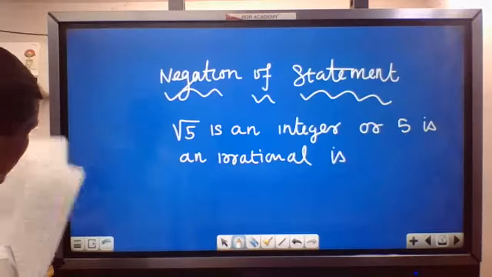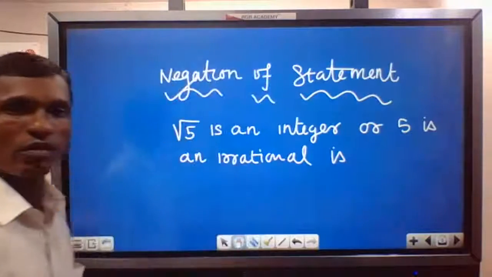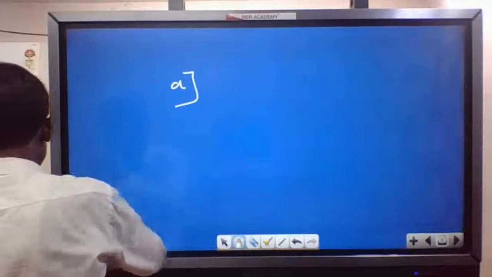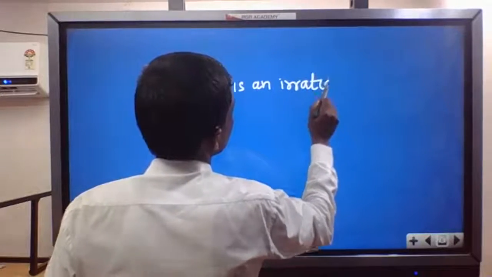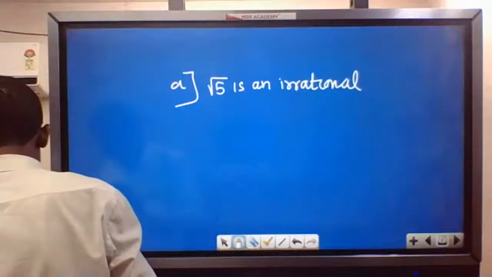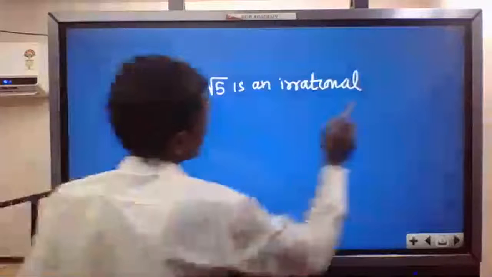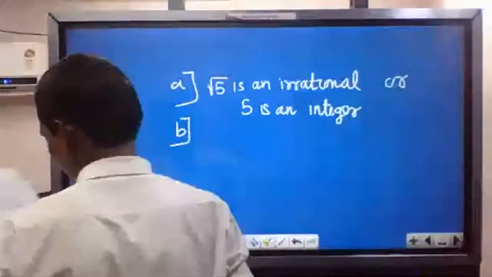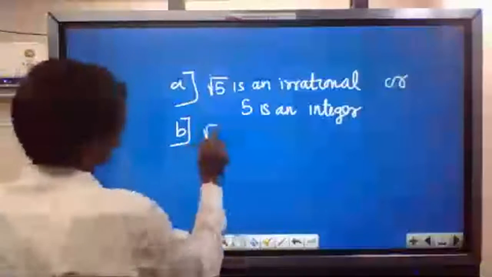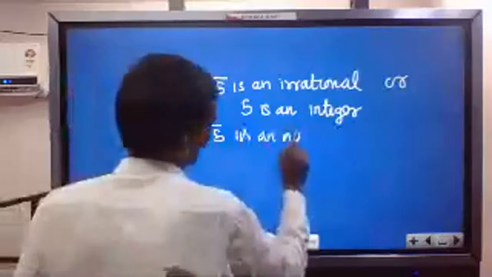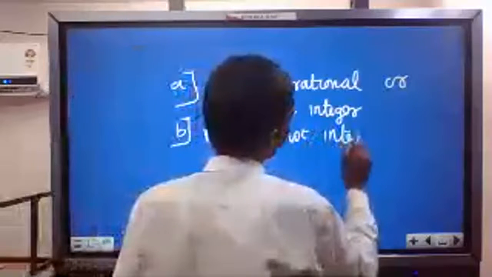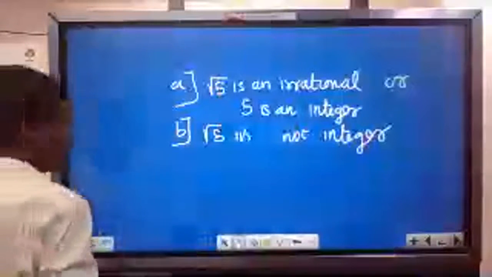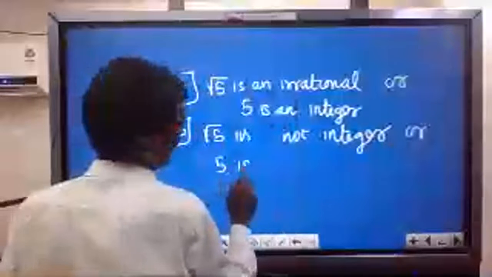The first option: root 5 is irrational or 5 is an integer. The second option: root 5 is not an integer, or 5 is not irrational.